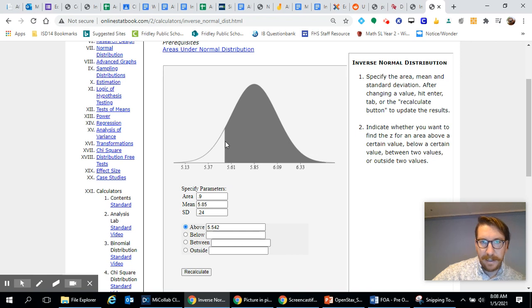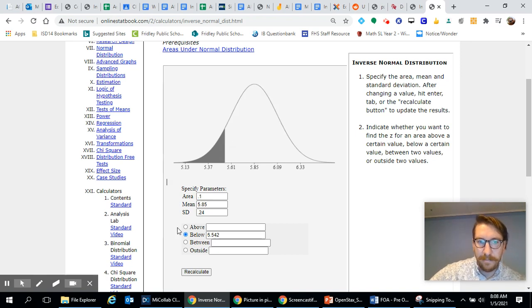Above, that would be 90% are above that score, but we're looking for the below, right? Because we're looking for the high number. So 6.158, that's the high number, where 10% of the oranges are above it, 90% are below. We could also change this. We could do 0.1. If we did above, there we go, 6.158. We see the same number there.